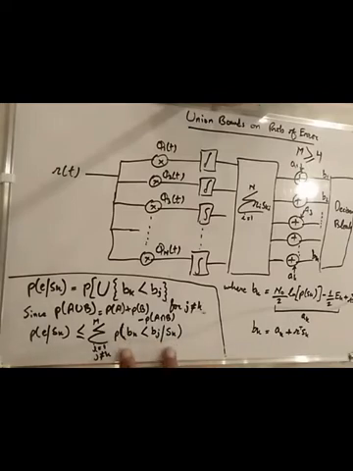This summation is analogous to adding the events, probability of A and probability of B. So the summation is the summation of all such error events.